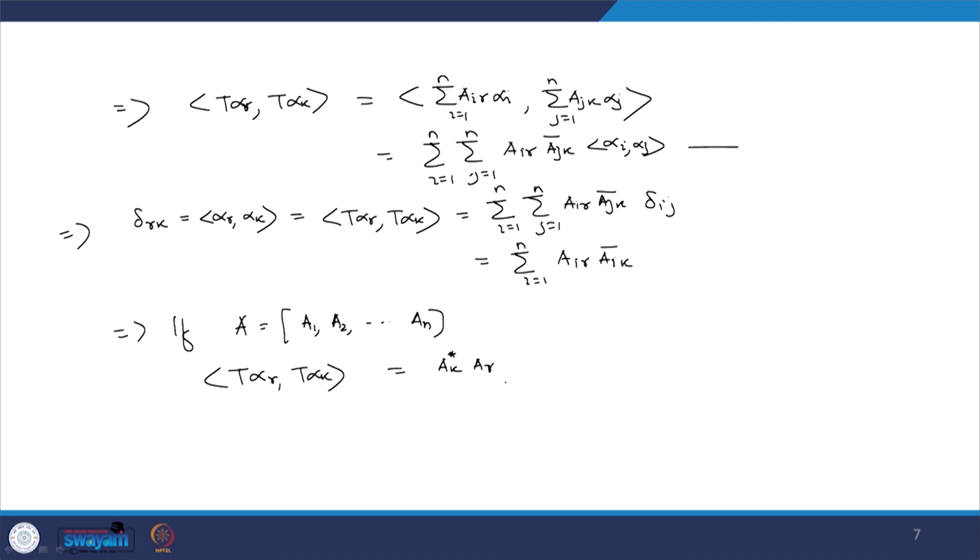So, this will be equal to delta k r. This implies that the columns of A are orthogonal. So, this implies that A star A equal to the identity matrix.